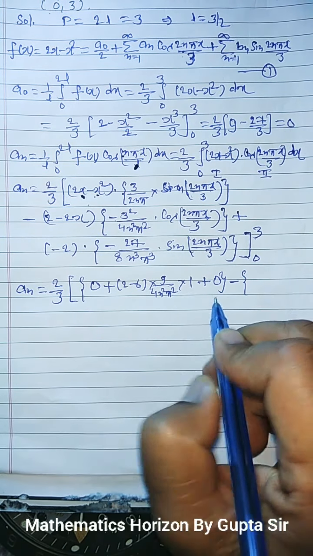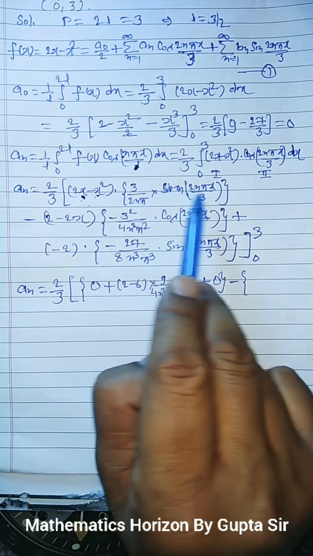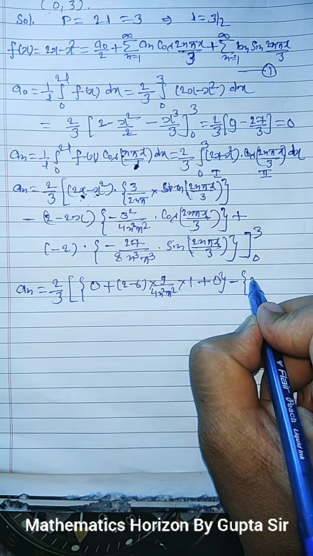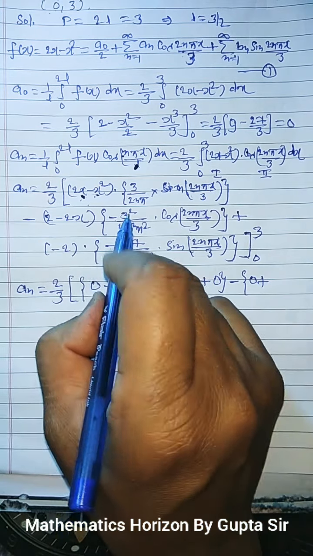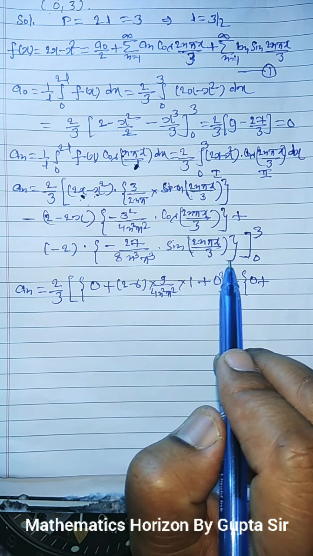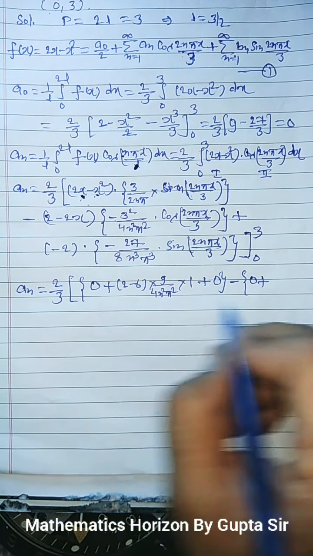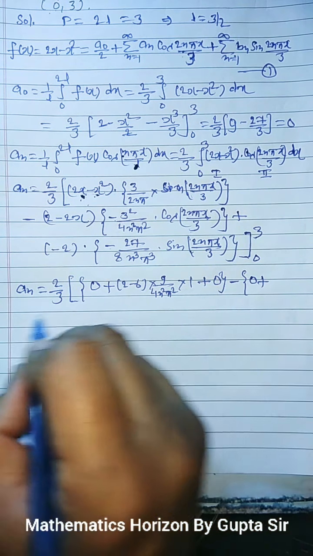Now minus lower limit, when we put x equal to 0, means this complete term will be 0. First term 0. Here minus minus plus, when we put x equal to 0, here we get one term.